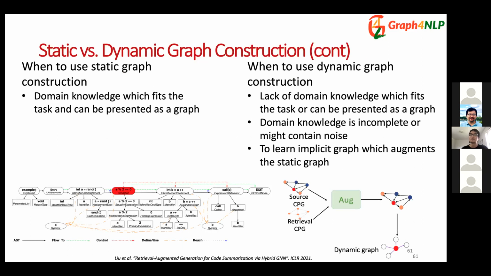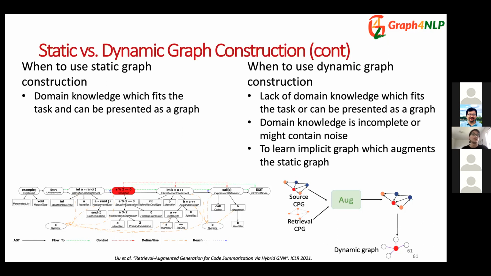For dynamic graph construction, there might be some reasons why we want to look into this approach. For example, one, there's a lack of domain knowledge which fits the task or can be represented as a graph, or the domain knowledge we have is incomplete or might contain certain noise.